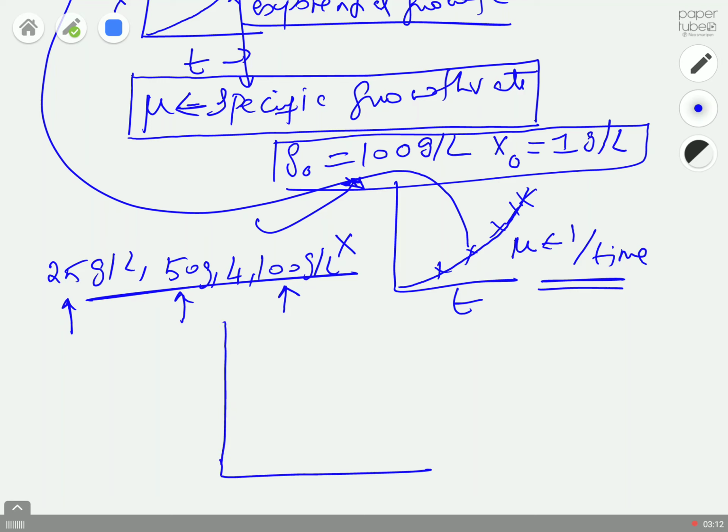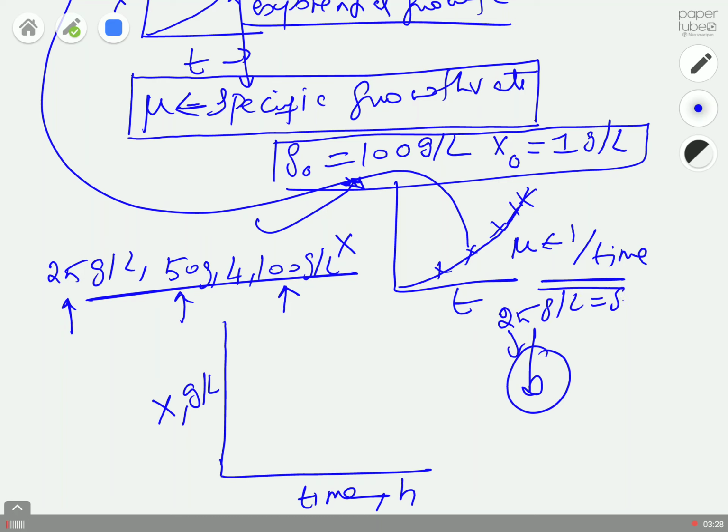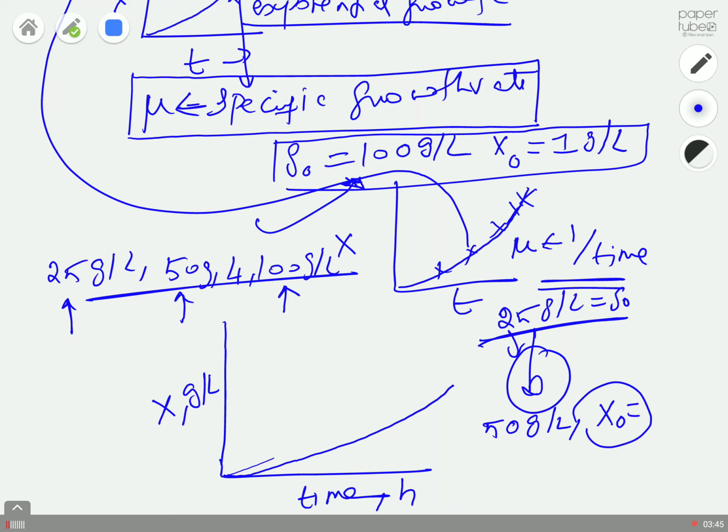Say you have time here, and your microbial concentration here expressed in grams per liter. Say your time is expressed in hours, and you take some reactor and start with 25 grams per liter substrate concentration, and it will take some pattern like this. If you start the same experiment with 50 grams per liter, same seed mass or inoculum concentration, you will get a completely different trend.